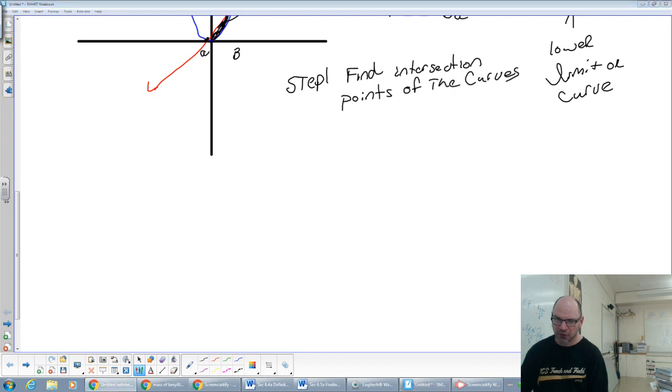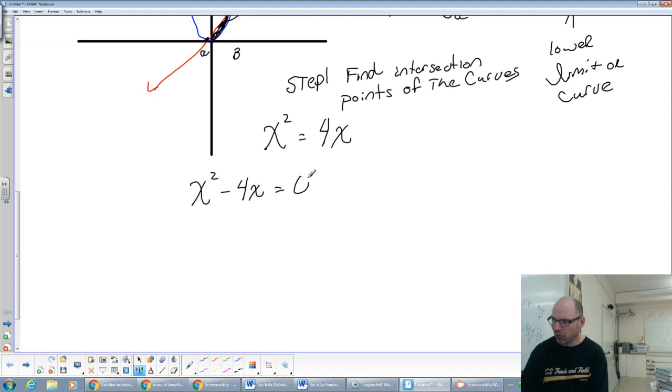So the first thing that we do is actually some grade 10 math. So that we know that x squared equals 4x. That's where they're intersecting. So we have to solve this. So the way we can solve this is by quadratics from pre-cal. So x squared subtract 4x equals 0. Okay, now we can factor out an x.